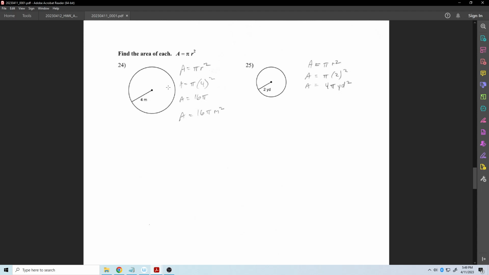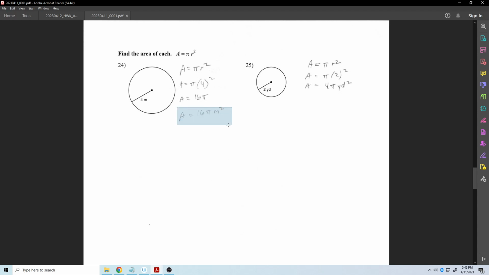Simply swap the r for the 4. Do the rough math here. You get 4 times 4 being 16. You still have the pi. Pi is 3.14 as the actual number. I'm not going to make you multiply 16 times 3.14. You won't be doing that in higher level math, so there's no need to do it here.